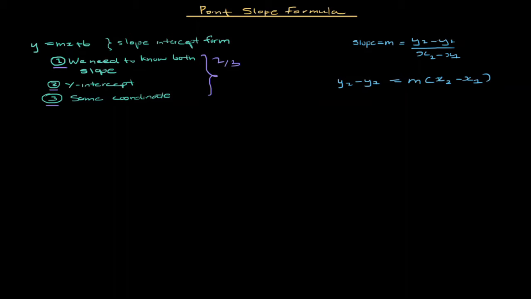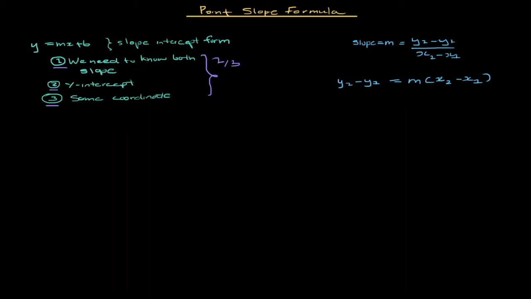What we can do is swap out the y1 and the x1, or the x2. It doesn't really matter which one. You can get rid of them to create a generalized formula. So we can swap it out for just a general x and y.